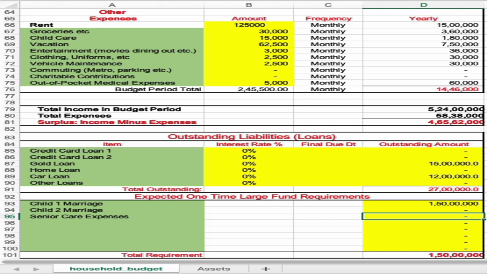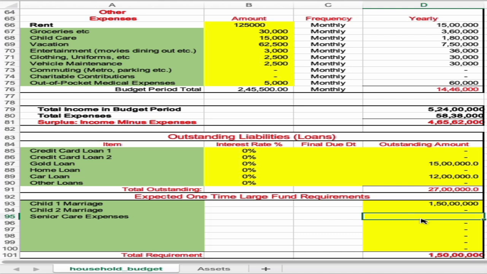And your own senior care expenses. Let's say that you want to plan 75,000 rupees, you have to put an equal to sign into 12 to get your... No, I'm sorry.